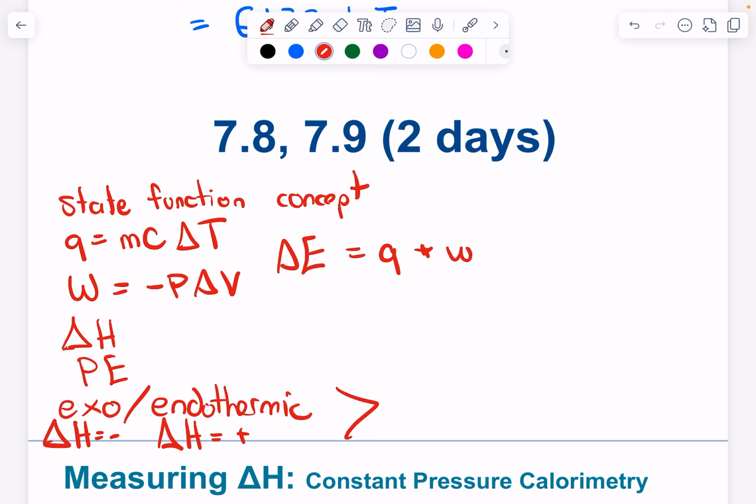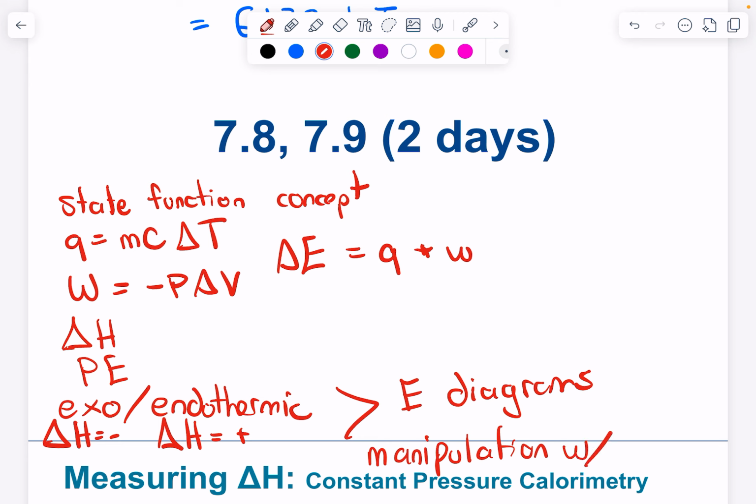So energy diagrams, we'll say, relating to these. And then finally, enthalpy manipulations. So manipulations with reactions, chemical reactions where you have an enthalpy value.